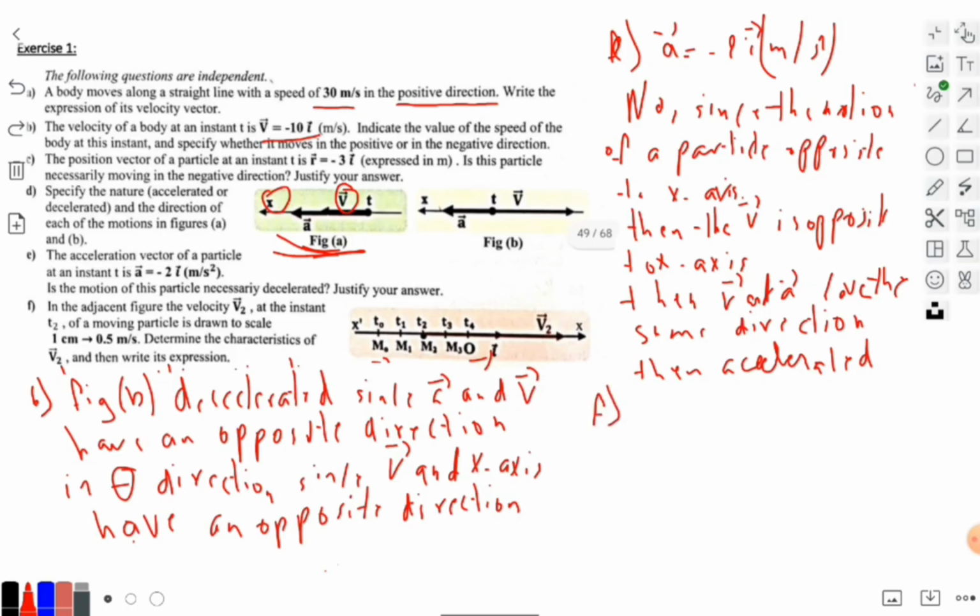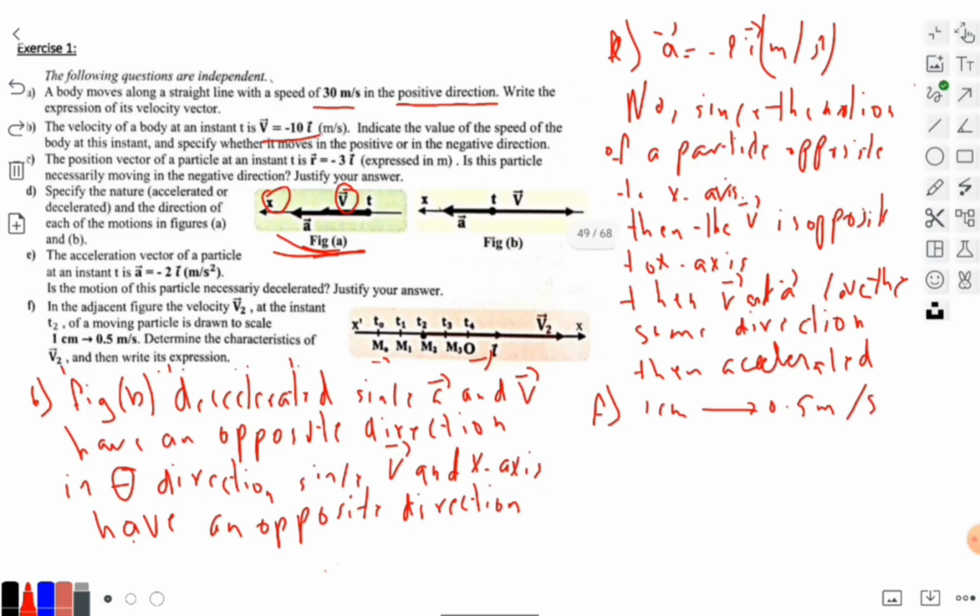Part F. In the adjacent figure, the velocity v2 at the instant t2 of a moving particle is drawn to scale 1 centimeter corresponds to 0.5 meter per second. Determine the characteristics of v2 and then write its expression.